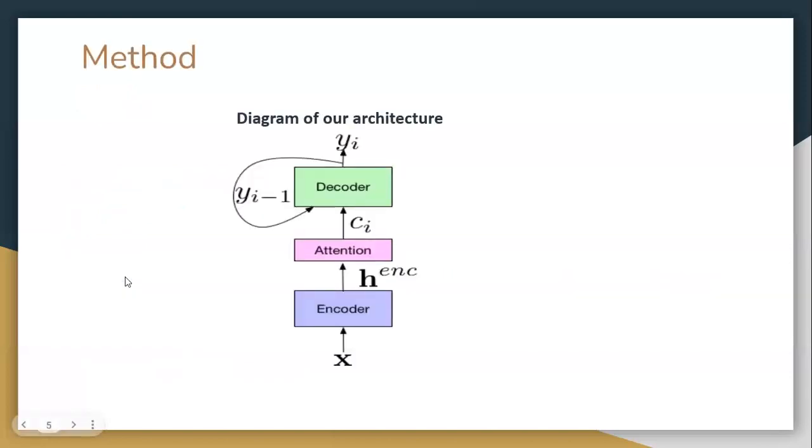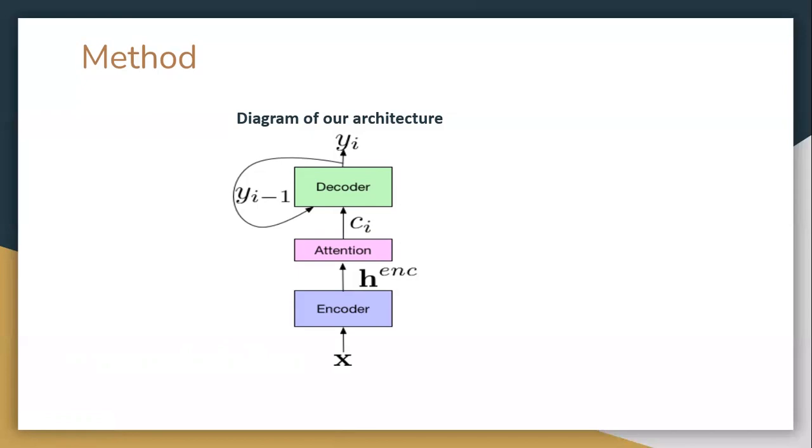For the method, we had an architecture that we used. We picked it from the paper. Here it had three main parts, which were encoder, attention, and decoder.